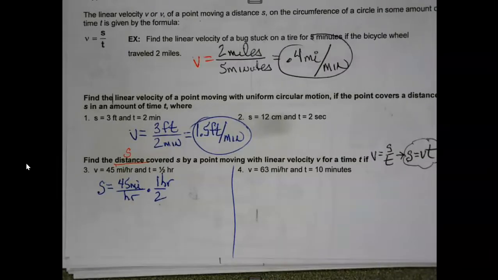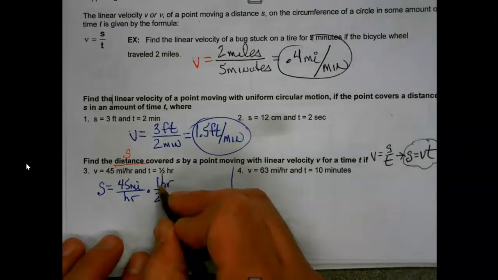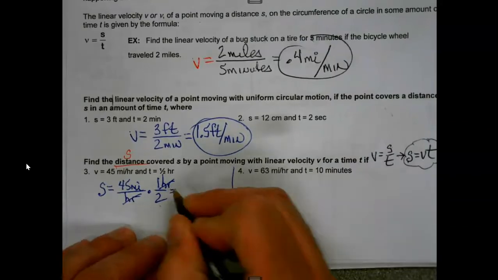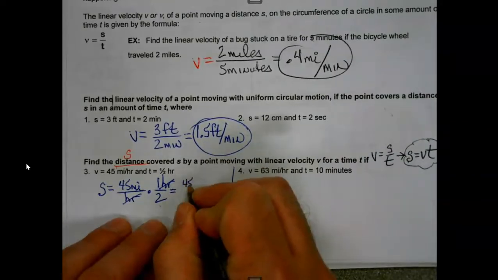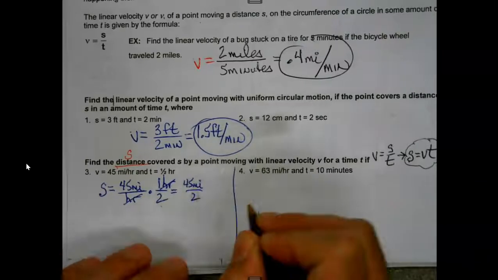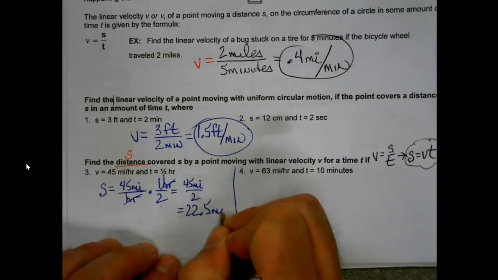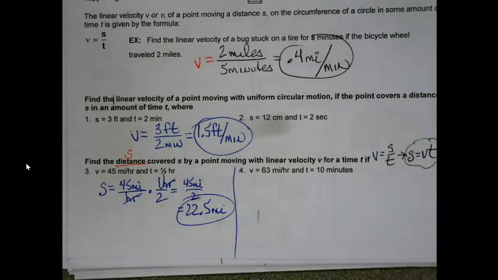But the reason I want you to see this is, if we set it up right, the times will cancel, because what am I looking for? I'm looking for a distance. That doesn't have anything to do with time. And so I'd have 45 miles over 2 and divide that out. I get 22.5 miles.